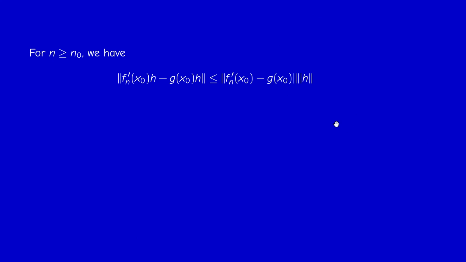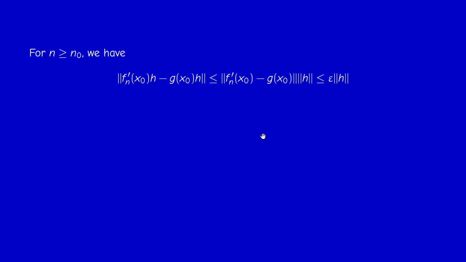Okay, now the third term is easy because fn prime x0 h minus g of x0 h is, by definition of the operator norm, less than the norm of the difference, because these two guys are linear bounded operators. So this is the norm of the linear bounded operator times the norm of the argument h.